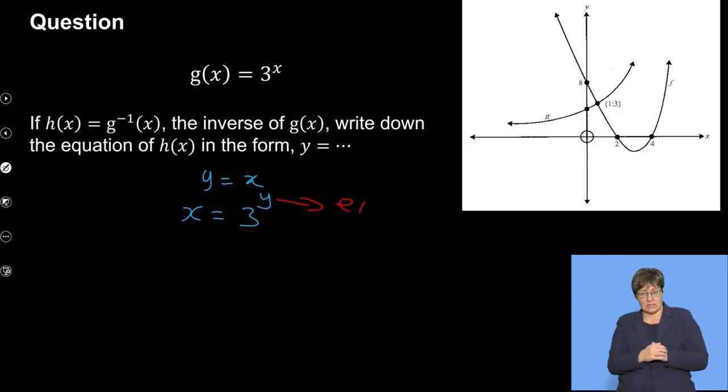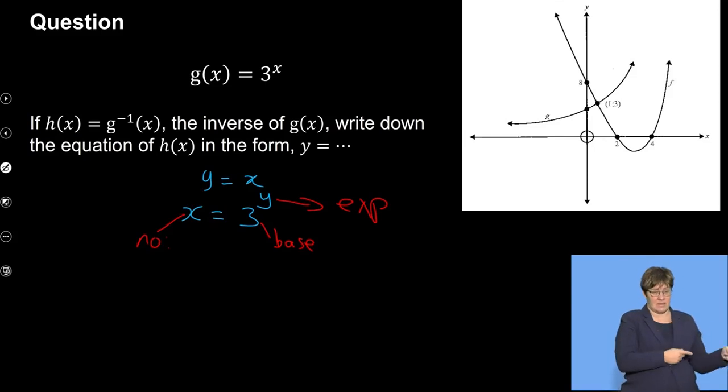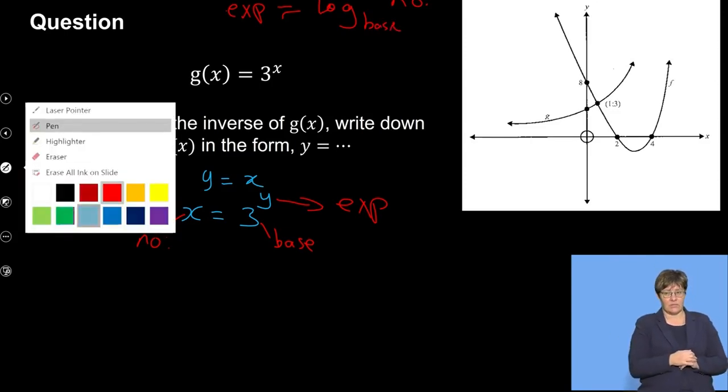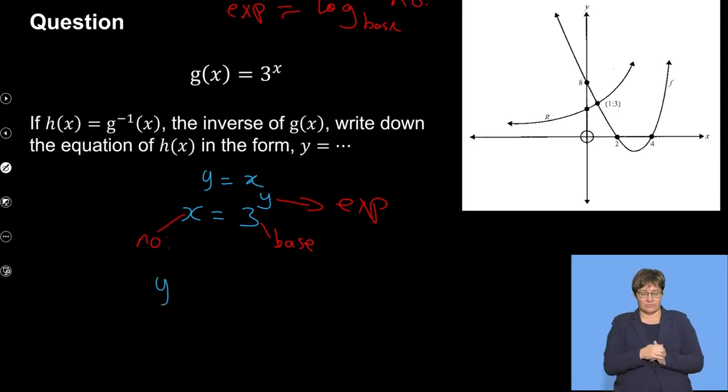This is my exponent, this is my base, and this is my number. And just to remember what a log is about, it's exponent equals the log of the number and then the base down there. So you just need to please remember those. So this simply means it will be y equals log of x base 3, right? Some people claim that you just write y equals log and then you drop this, right?